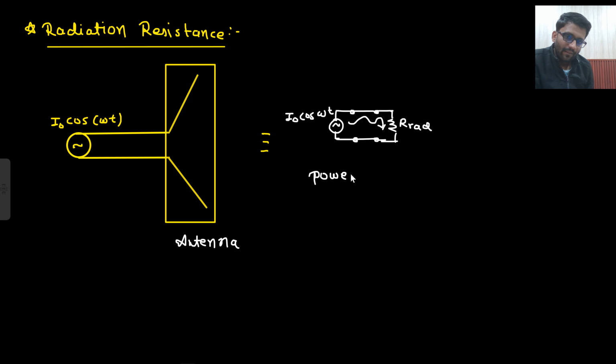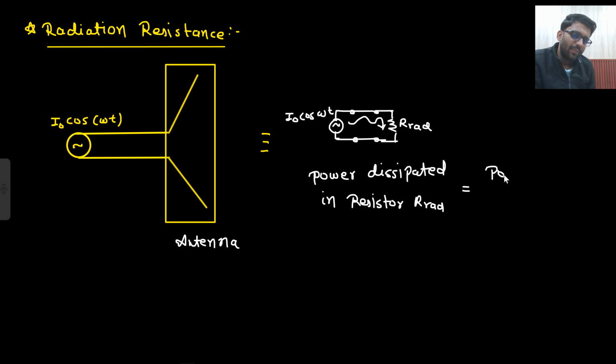Power dissipated in resistor R radiated is equal to the power radiated by the antenna. Say yes or no?